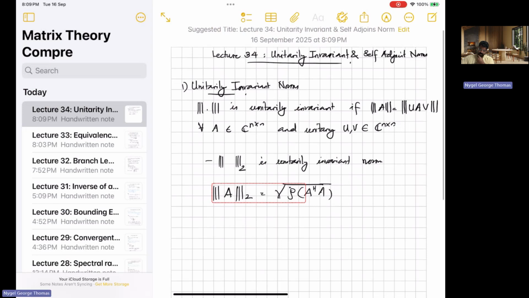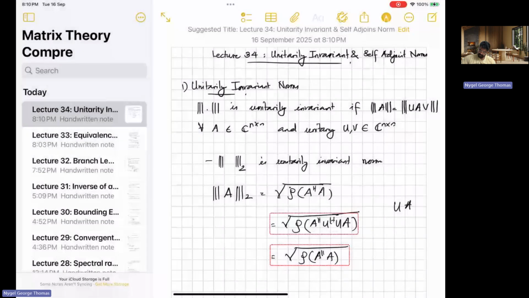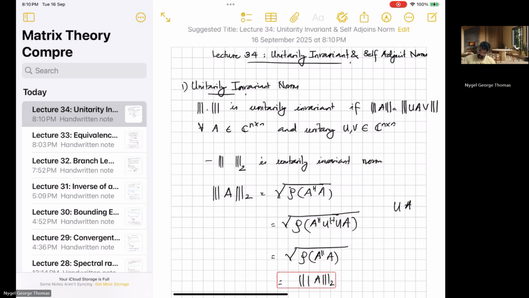So we have UA. This is pretty clear. Square root of rho of A Hermitian A. Let's take the case of UA: then (UA) Hermitian (UA) is A Hermitian U Hermitian UA, which is the root of A Hermitian A, just the same as the spectral norm of A, and this is the spectral norm of UA.